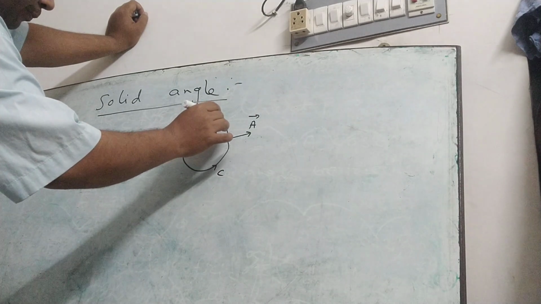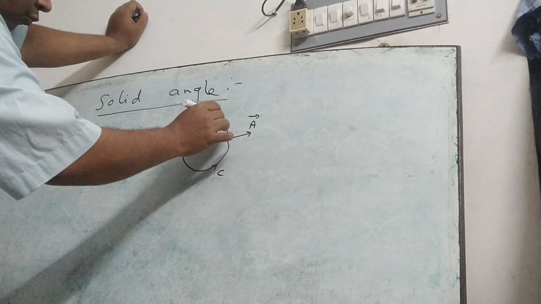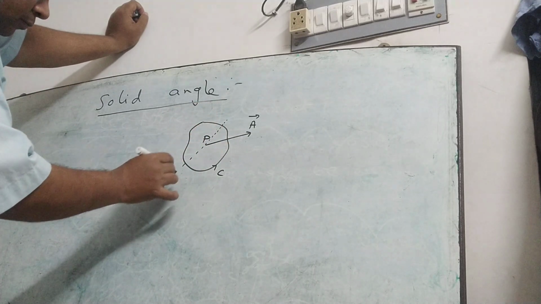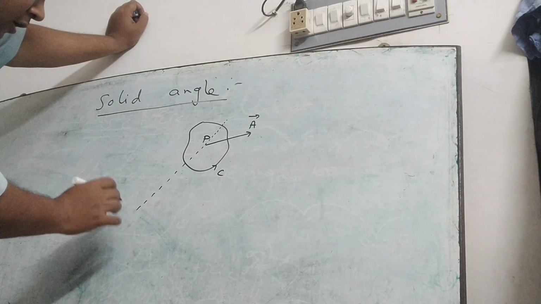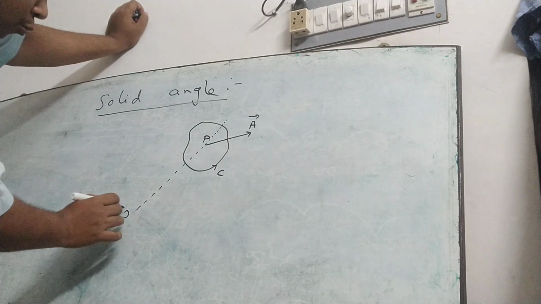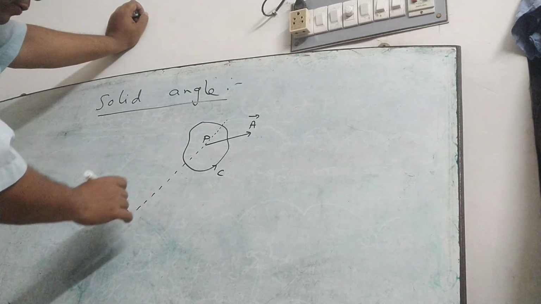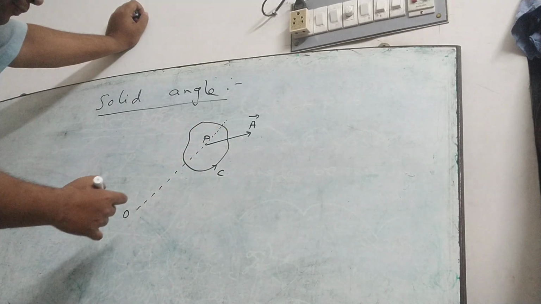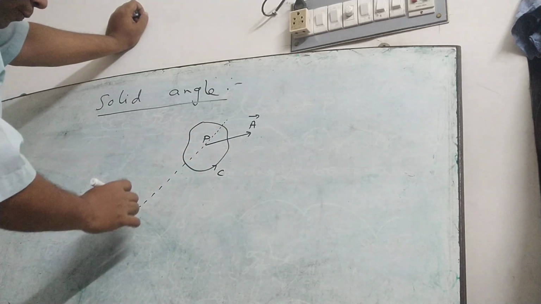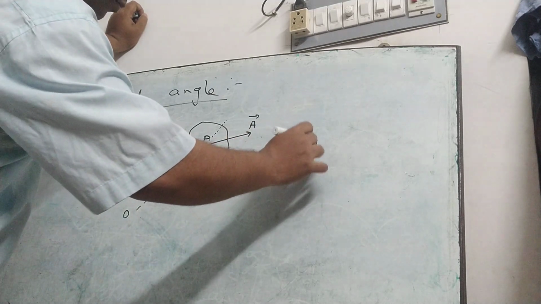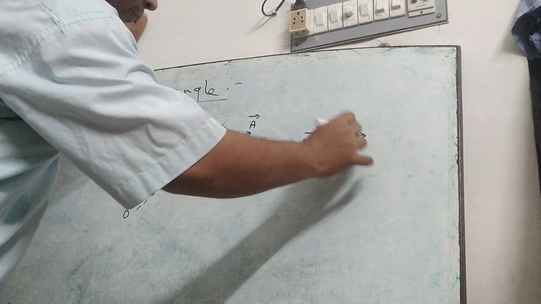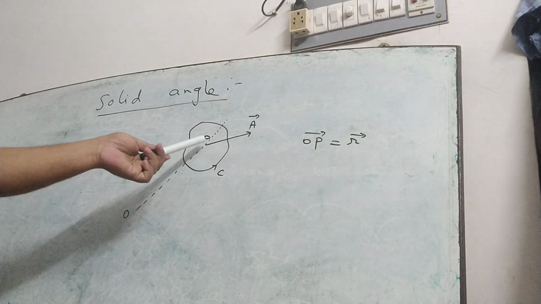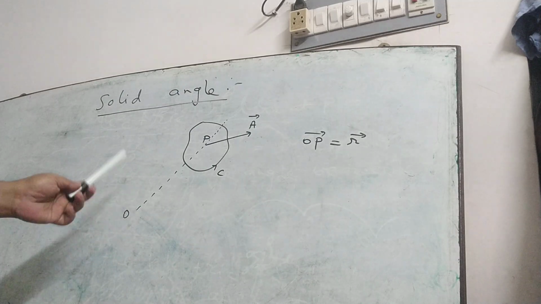Now we consider another external point O. O is an external point of the surface A. OP is equal to R. That is, R is the position vector of P with respect to the point O.